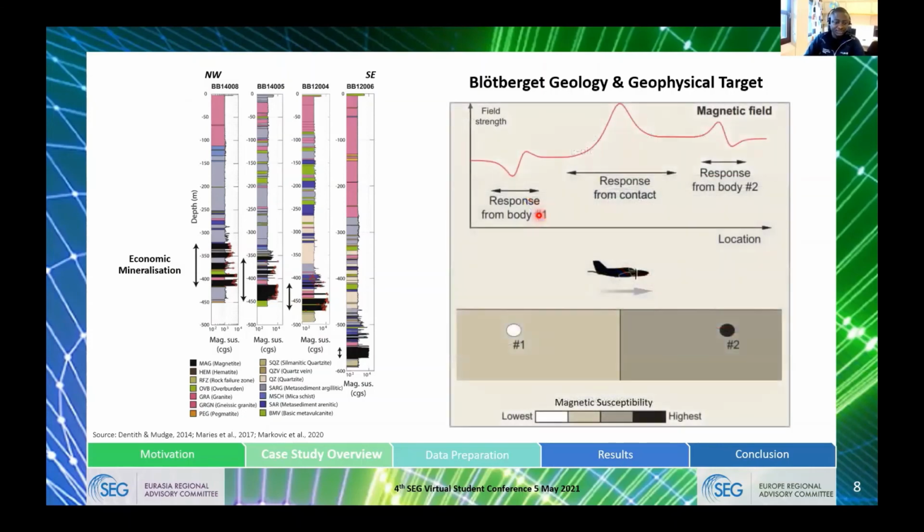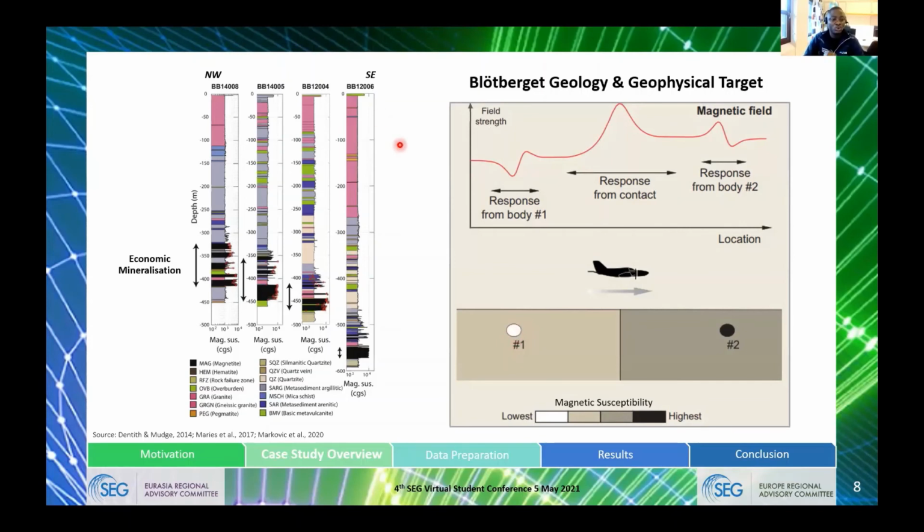Now, as a refresher, different bodies with different susceptibility will give different responses. What is magnetic susceptibility? It is the ability of a material to become magnetized when brought in contact with an external magnetic field. In this case, the external field is the Earth's magnetic field. So for each body, when we measure the response, we're measuring the induced magnetization of that body and also the Earth's magnetic response in that area.